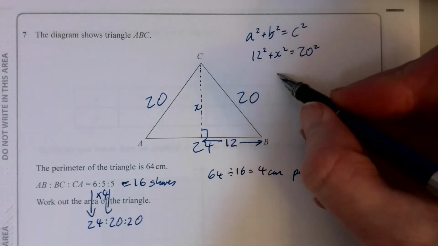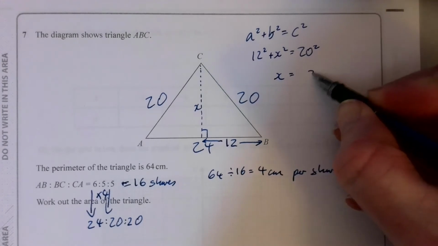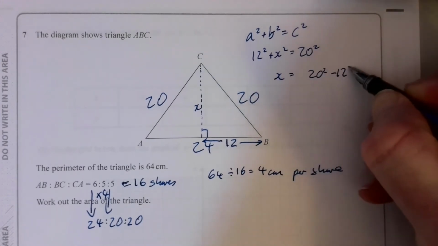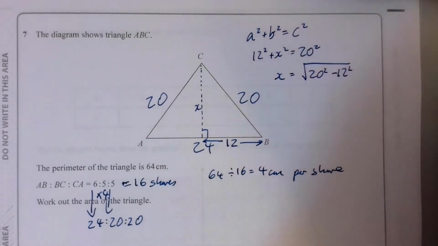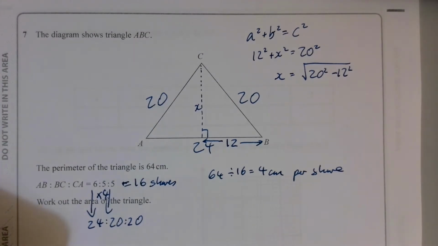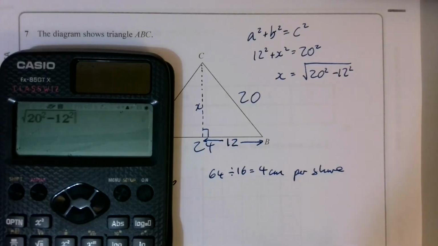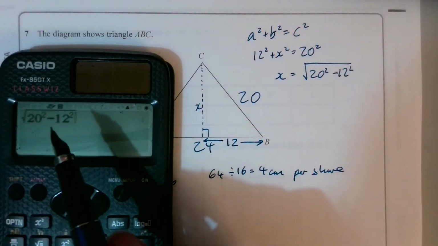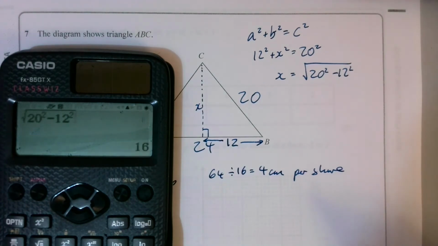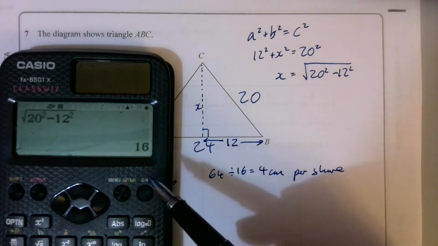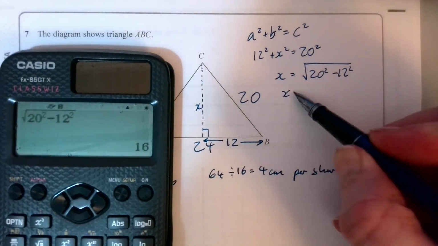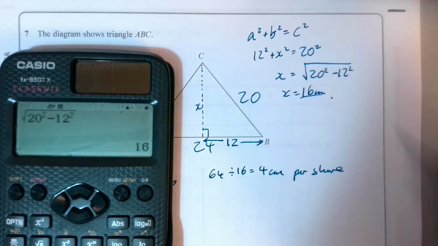So to find x, we're going to need to do 20 squared take 12 squared and then slap it all under a square root sign like that. Whenever it's a shorter side that you want, you're going to take the squares. Whenever it's the longest side, you add them. So the square root of all of that gives us 16 centimeters for the height.